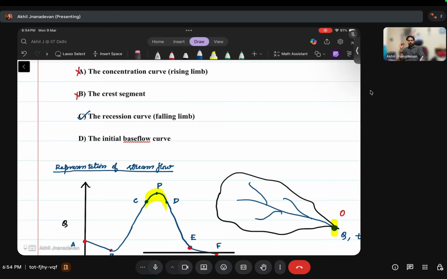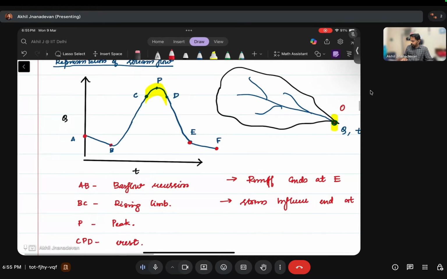It may be indirectly dependent on the storm: when more storm happens, groundwater discharge increases and the base flow contribution may increase indirectly, right? Otherwise, it is independent of both the storm and the type of the catchment. So the correct answer is the recession limb or the falling limb.